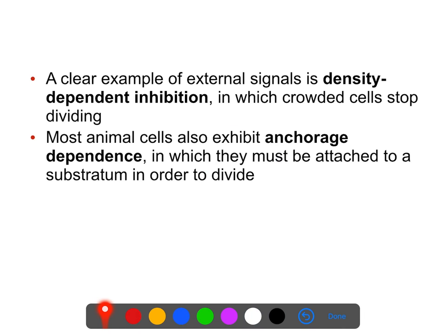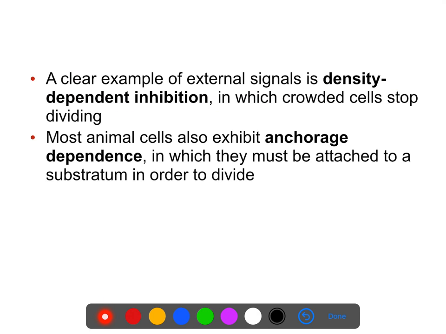There are actually several different types of external signals. The easiest one is the growth factor one, like I told you, which controls the G1 checkpoint. But there are lots of other external signals as well. One of them is what's called density-dependent inhibition.